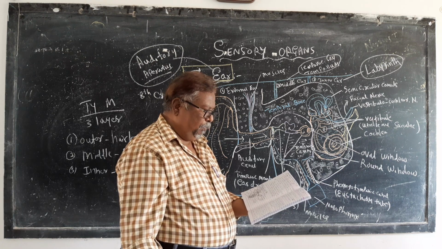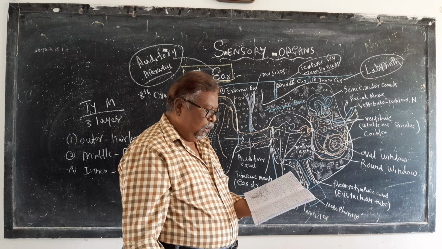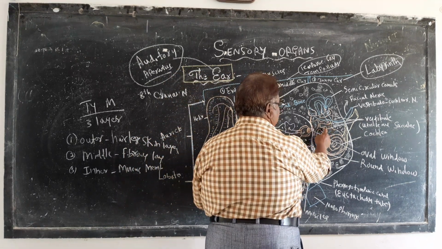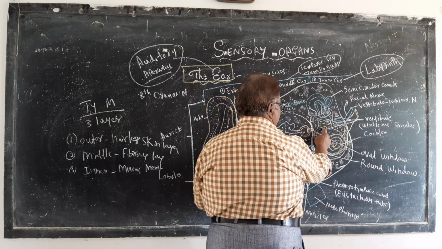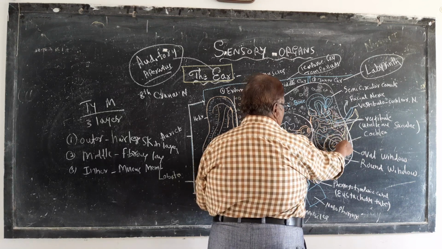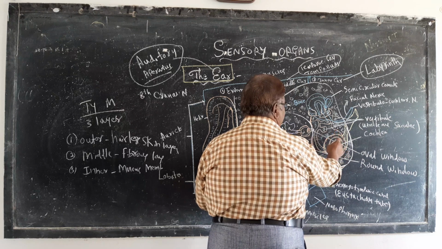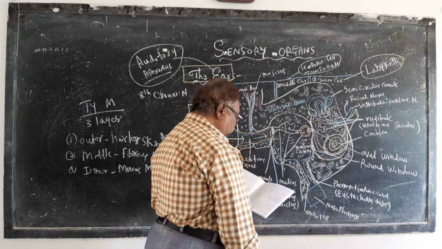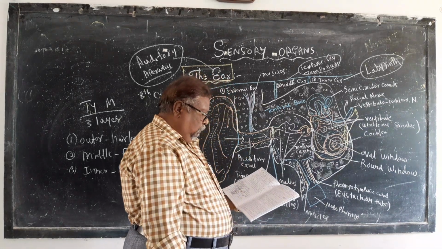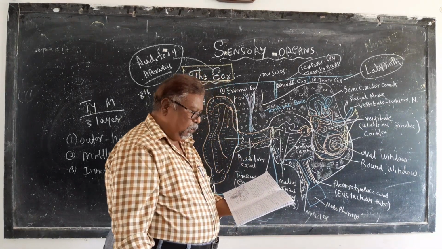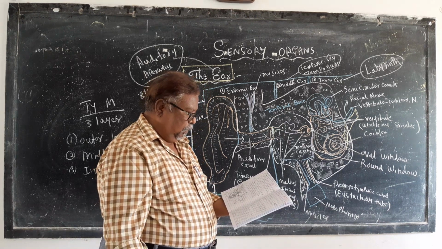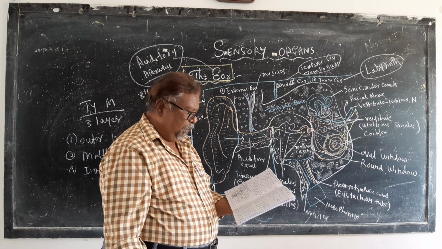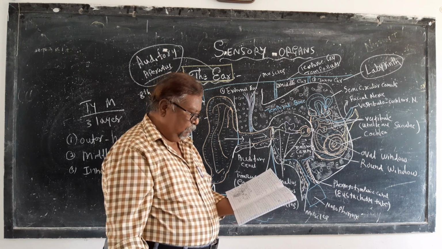It contains two membranous sacs called the utricle and the saccule. The saccule is important in balance. Anteriorly, it is continuous with the bony cochlea, and posteriorly with the semicircular canals.